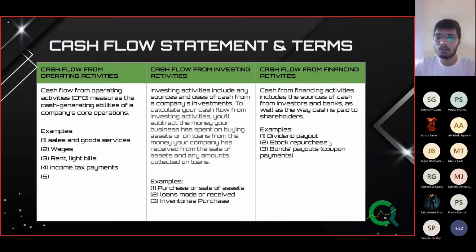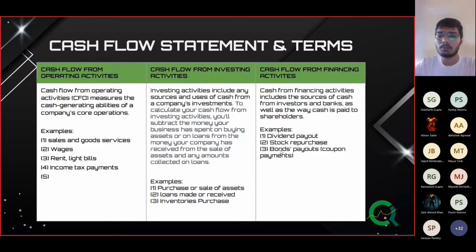That comes into financing activities. Then if the company wants to give dividends to all their investors, that also comes into financing activities. Stock repurchase, that is buyback of stocks, also comes into financing activities.